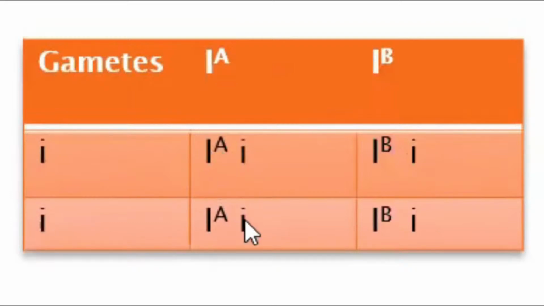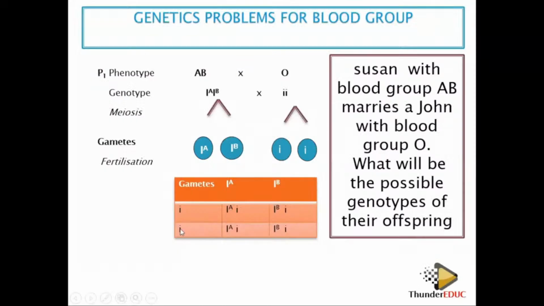Then in this box, this with this, it's going to be capital A and small i. You begin with a capital letter and end with a small letter. Then this and this, you have capital B and small i. So those are the genotypes of the offspring.